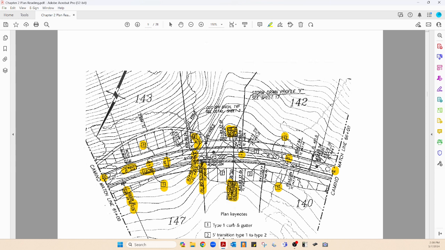So there's one right here, and it shows the manhole back to the curb, and there's also a sewer service coming from that manhole to the back of the curb at station 65+78. Now 65+78 is right there.